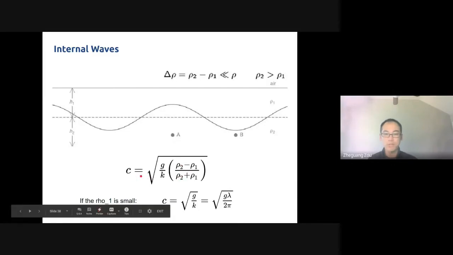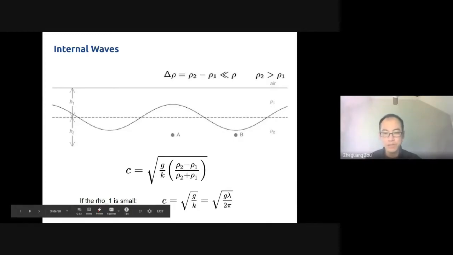So C is going to be the square root of g over k. And we know that square root of g over k is exactly the same as for our surface water waves when there's no density difference. That's for the shallow water wave.